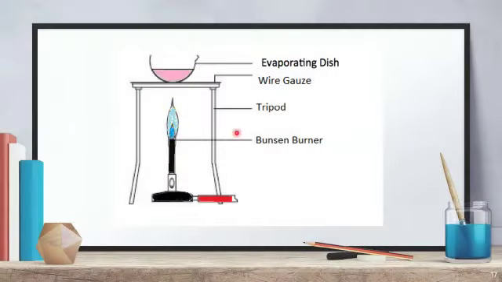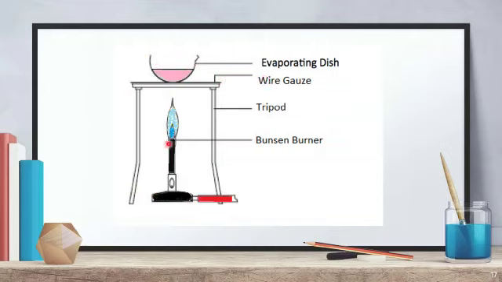Here you can see the whole apparatus that is used for the process of evaporation. Here you can see a Bunsen burner just to provide heat, a tripod stand on which we place an evaporating dish, and a wire gauze. Now let me tell you their purpose.